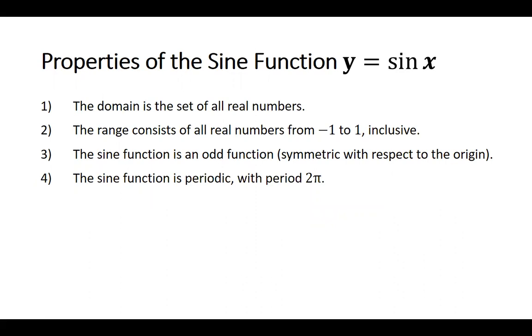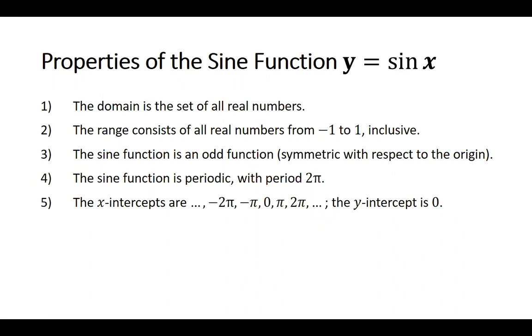The sine function is periodic. The period is 2 pi. The x-intercepts are at -2 pi, -pi, 0, pi, 2 pi, etc. in both directions. So basically integer multiples of pi. The y-intercept is 0. So it crosses the x and the y-axis at 0.